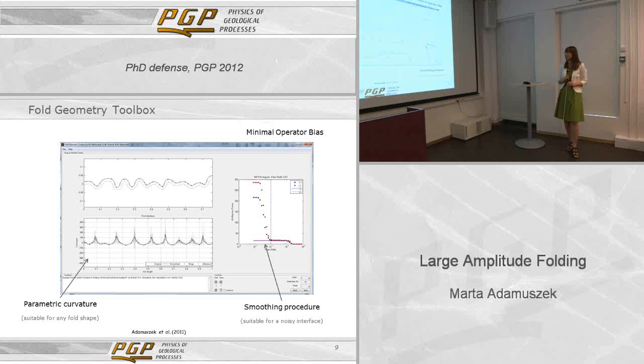The usage of normalized parametric curvature allowed me to analyze generic fold shapes, and it makes the analysis invariant to rotation or dilation. I also implemented various smoothing procedures that allow me to analyze noisy interfaces.